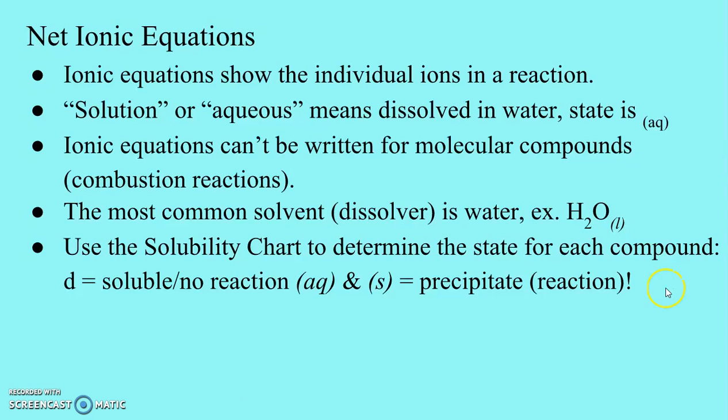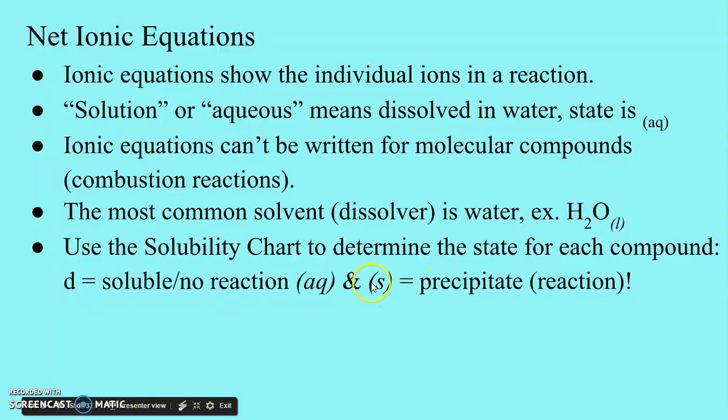If something is soluble, you're going to see it as an aqueous solution. If something in a double displacement reaction is a no reaction, you're going to see it listed as a solid, meaning it forms a precipitate.